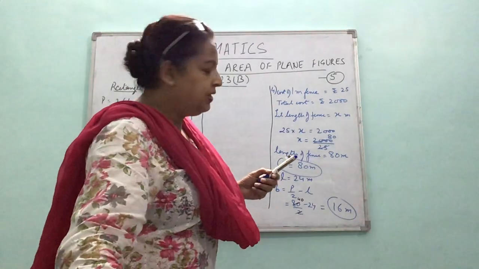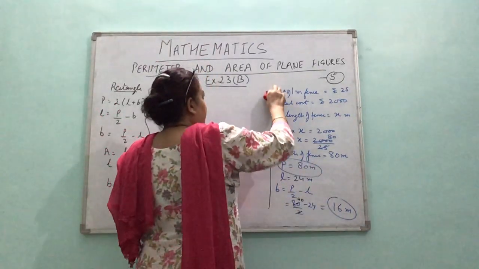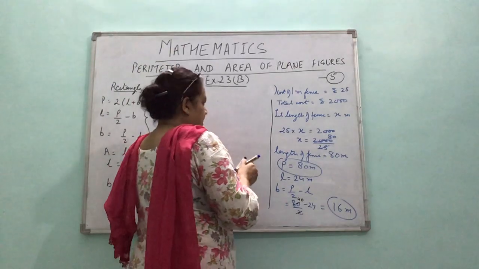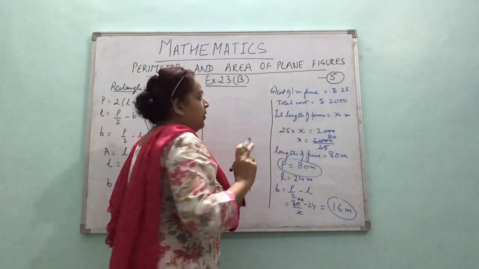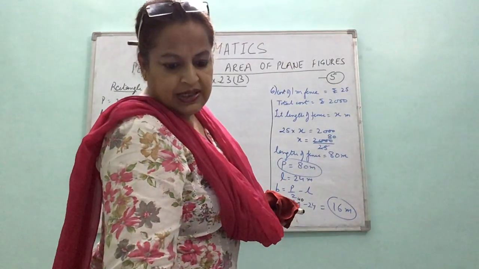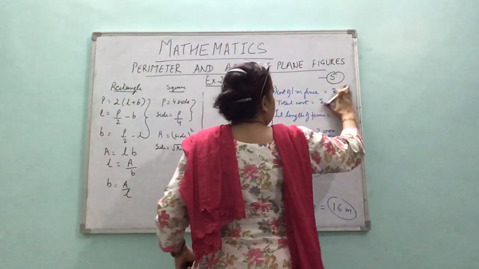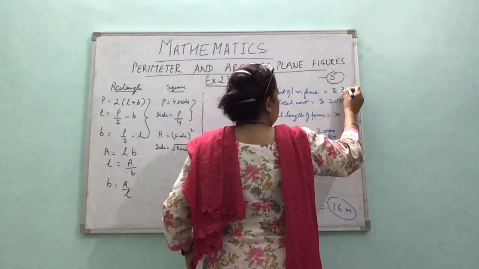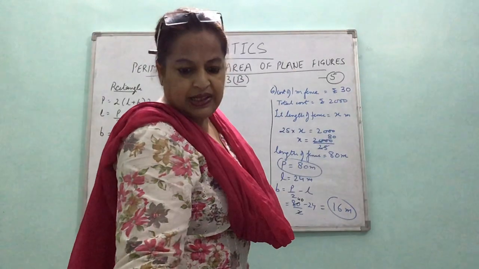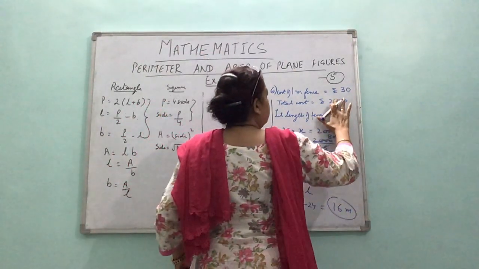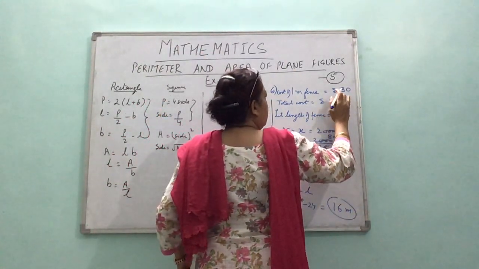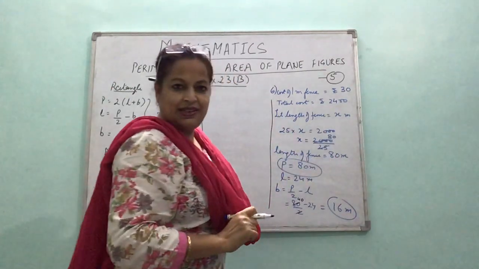Or in fact, I'll do it here only. It would be very easy. Question number 6. Cost of 1 meter fence is rupees 30. So I'll just change whatever is to be changed. Total cost of fencing is 2400. You will see how easy it is. Let the length of fence be x.